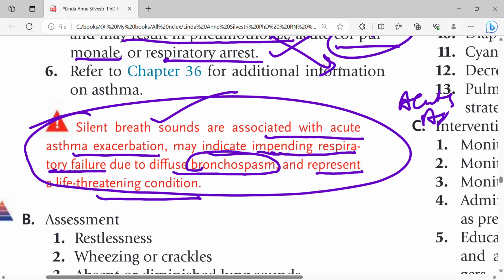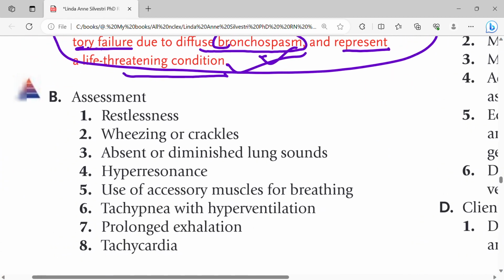Why respiratory failure? Because of the bronchospasm. So it is a life-threatening condition.